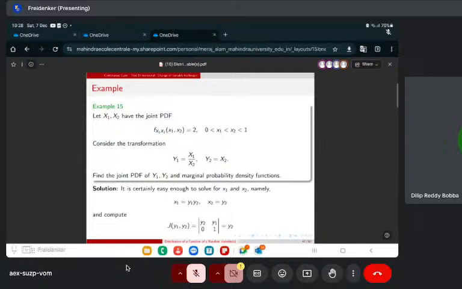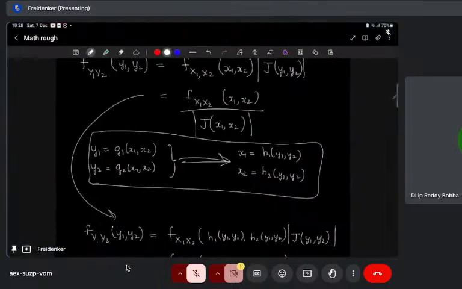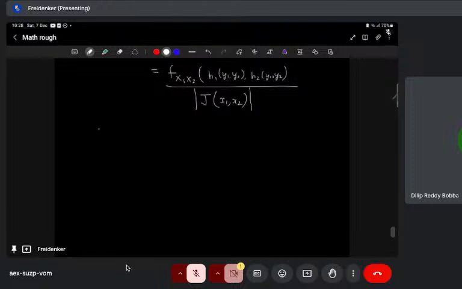What does it mean? It means you're differentiating with respect to y1 and y2. What are you differentiating? x1 and x2. So in the first column, you'll simply, okay, let me write. So I got x1 as y1 y2, and x2 as simply y2.